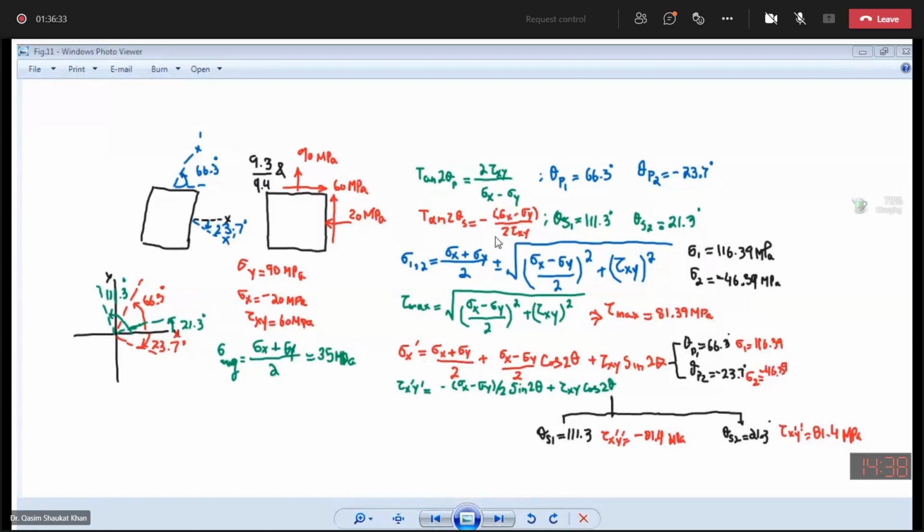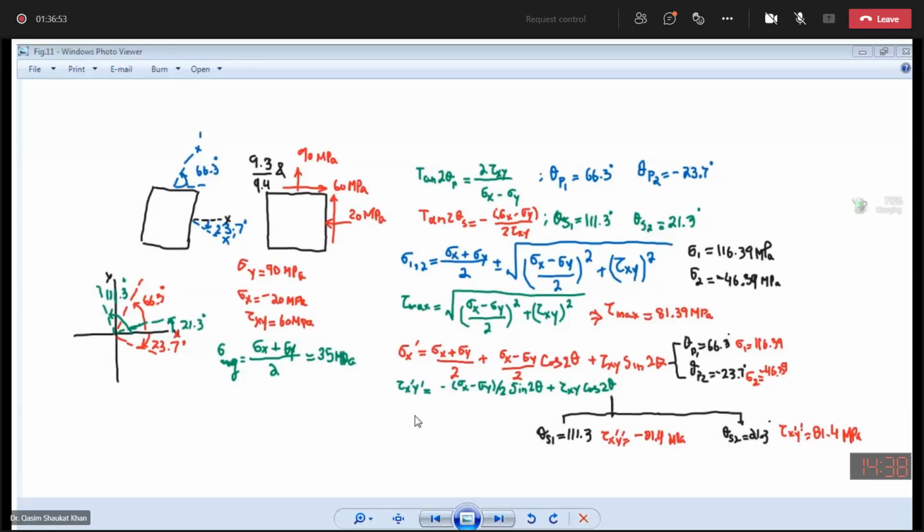Okay? In the second case, you have calculated tan 2 theta s. Theta s1 you got as 111.3 degrees. Theta s2 you got as 21.3 degrees. Maximum in-plane shear stress, tau maximum, you got as 81.39 megapascals.